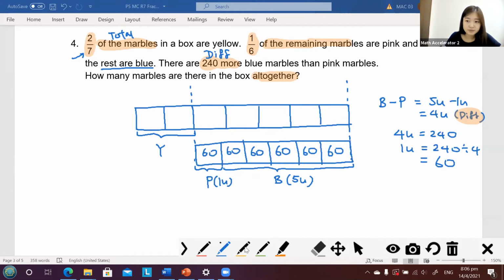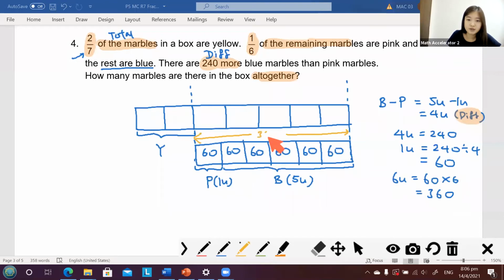Which means, what is your total in the second model? Okay, thank you, Jovin. 60 times 6, which is your 360, correct?